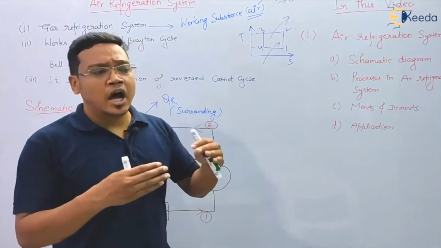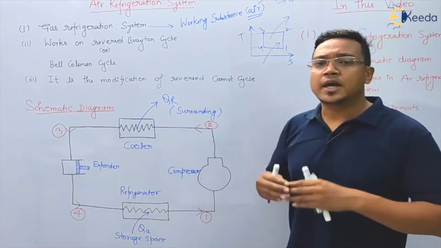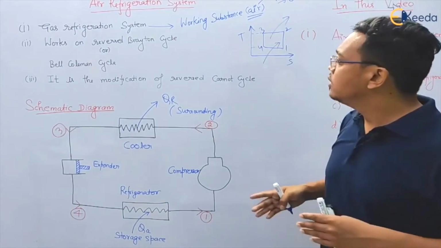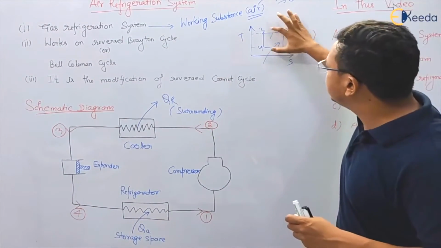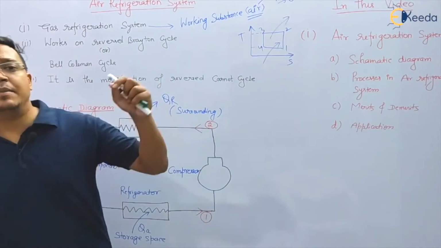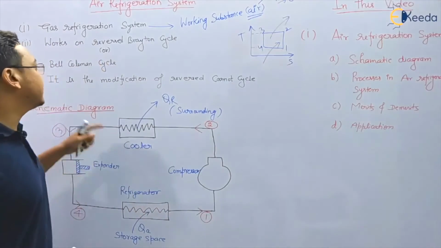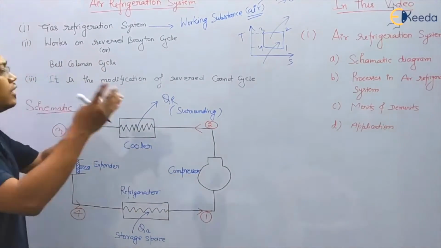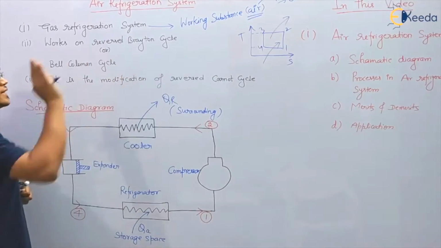Okay friends, now in air refrigeration system some modification has been done. Why? Because to overcome these limitations, whatever limitations Carnot cycle has, those limitations have been overcome by the Bell-Coleman or reverse Brayton cycle.